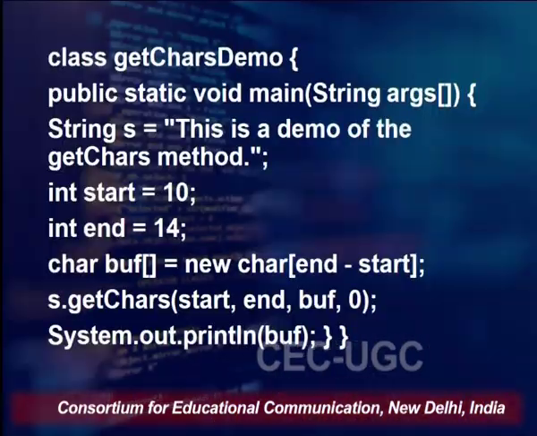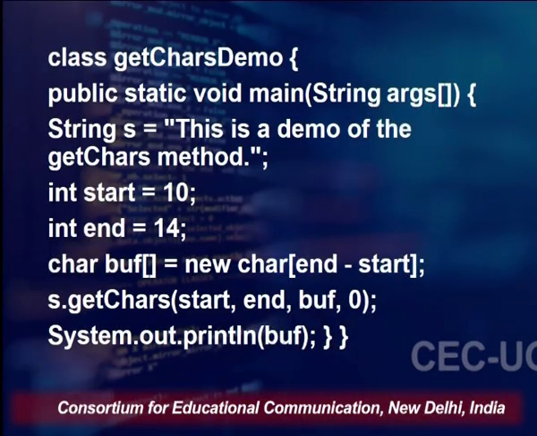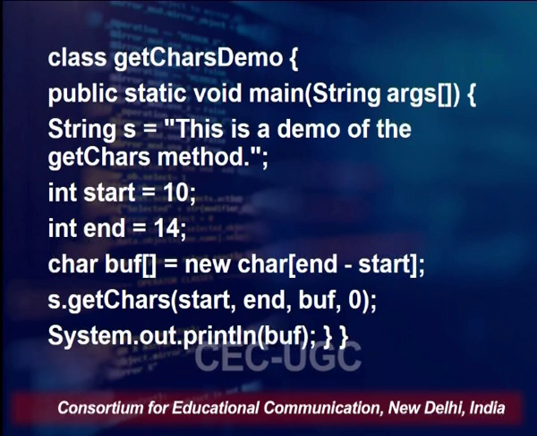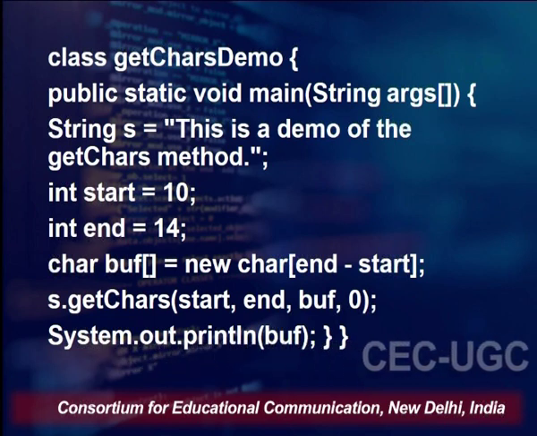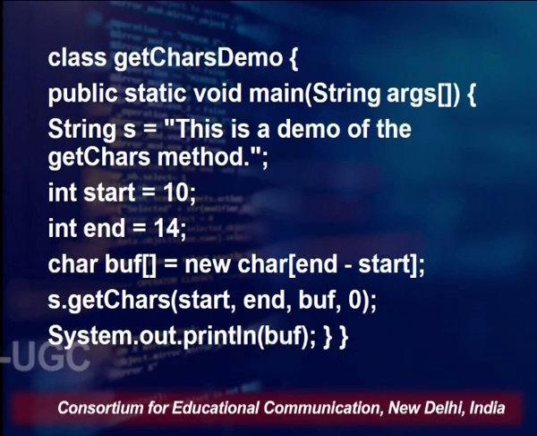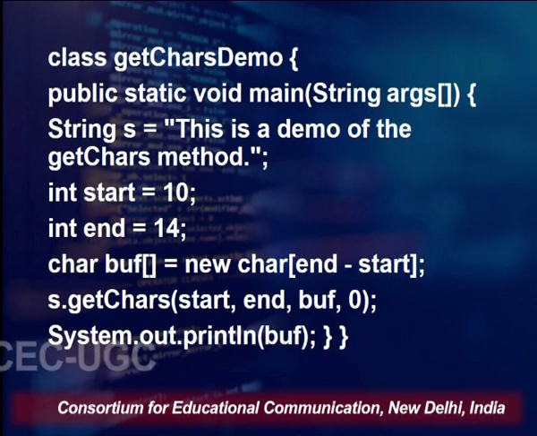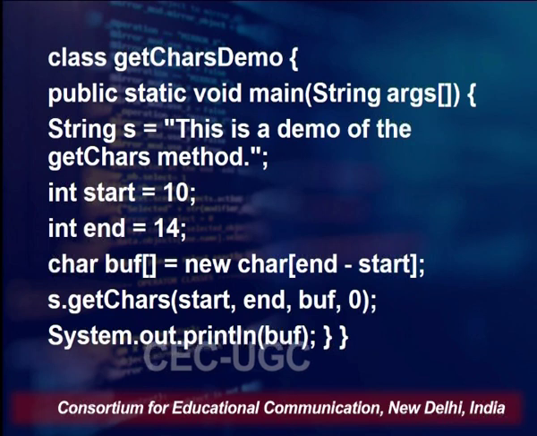For demonstration purposes, here we have a very small program written on the screen. Inside the main method we have string s, which is: this is a demo of getChars method. Start is 10, end is 14, and we have a character array named buff, as in buffer, which is going to be a new char of end minus start.